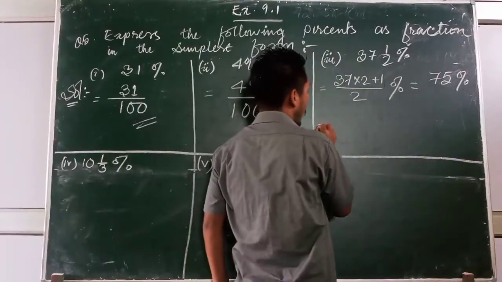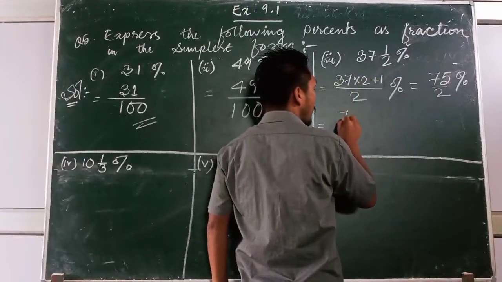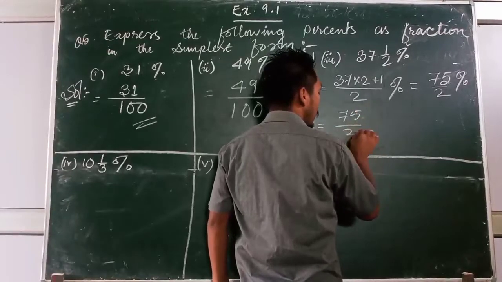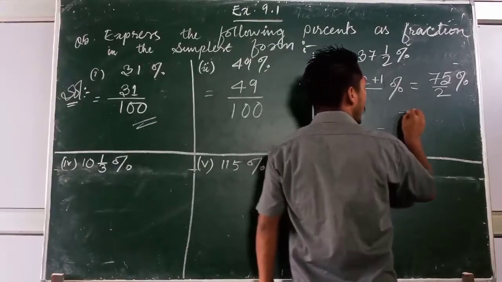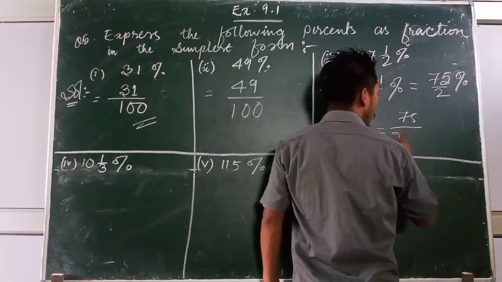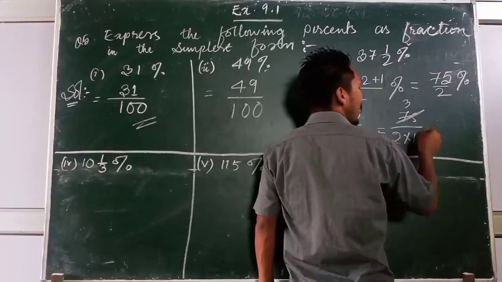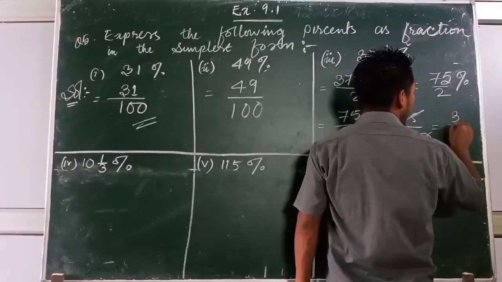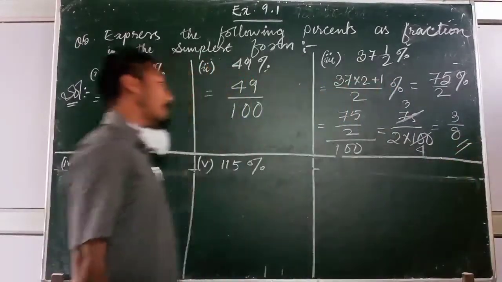So 75 by 2 divided by 100. If I write this further, this will become 75 by 2 into 100. 25 threes are 75, 25 fours are 100. So if I calculate this, 3 by 4 twos are 8. So this is your answer for the fraction.